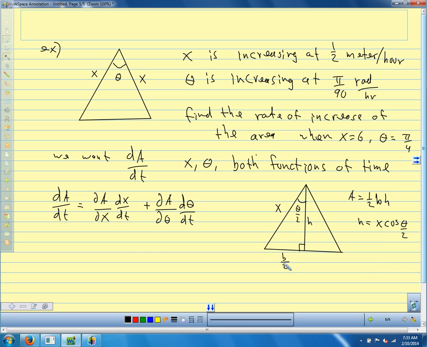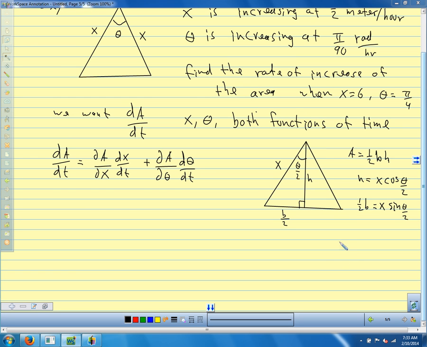And here's 1/2 the base. 1/2 the base is going to be x sine theta over 2. So our area is x squared sine theta over 2 cosine theta over 2.